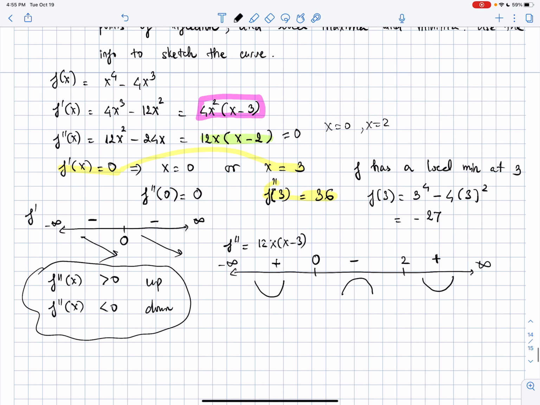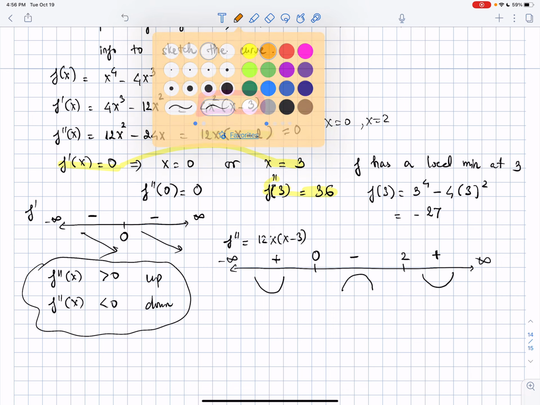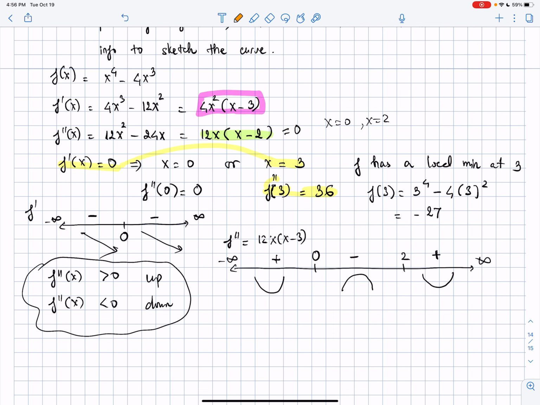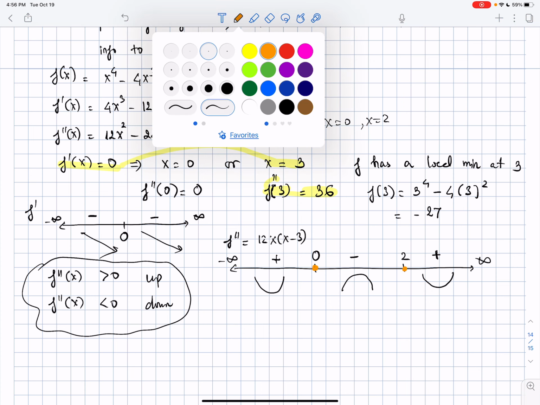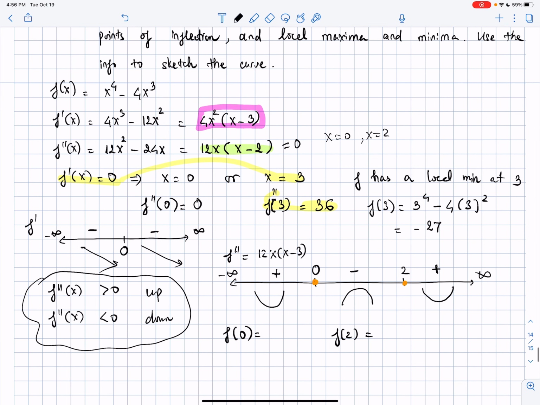Okay, so the inflection point is the point between concave up and concave down. So these are the 2 points that give us the inflection points. To find the points on the graph, we will plug these 2 points into the function f, okay? So in the function f, we have 0 to the 4th minus 4 times 0 cubed.